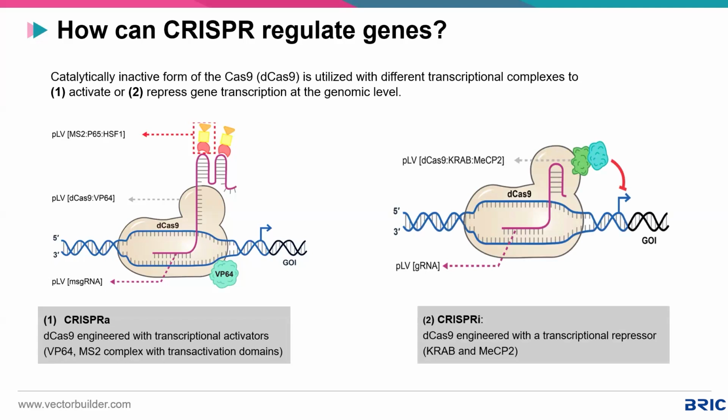One thing to note about this system is that the target sites here tend to be regulatory regions that are non-coding. For knockout and knock-in, that tends to be typically the coding region. But here, it's usually the promoters, enhancers, what have you, the regulatory regions, that the CRISPR system targets to regulate genes.